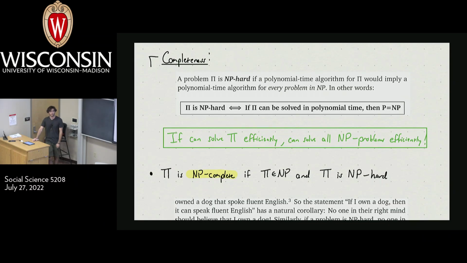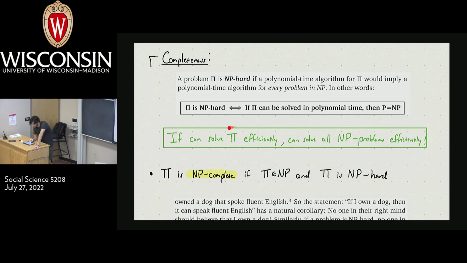Now let's talk about completeness. So this is where it gets really weird. A problem pi is called NP-hard if a polytime algorithm for pi would imply a polytime algorithm for every single problem in NP. So pi is NP-hard if solving pi implies all of P equals all of NP.